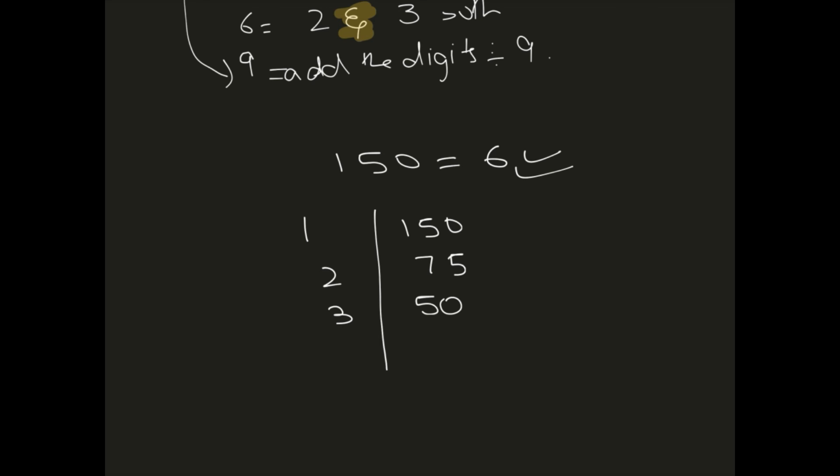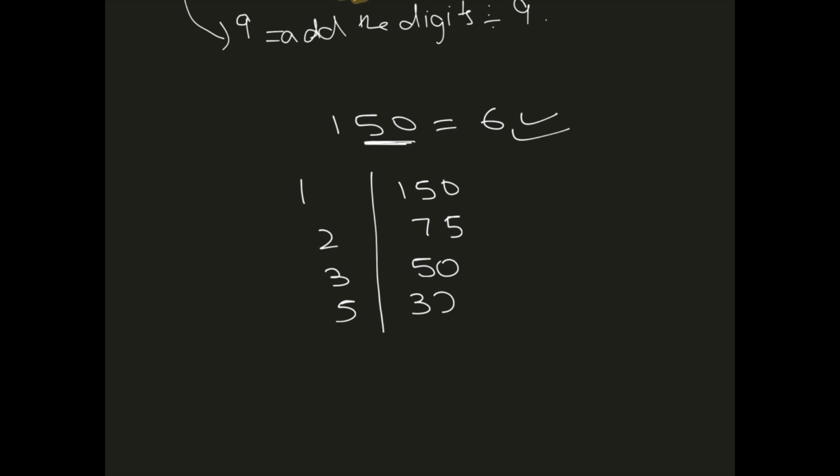And then when you look at 4, it cannot be divided by 4, since the last 2 digits cannot be divided by 4. 4 is not a factor of 50, so this whole number cannot be divided by 4 without having a remainder. Then we have 5. Since the last digit is 0, it can be divided by 5. So 5 times 30 is 150. Then we have 6. Since it can be divided by both 2 and 3, it can be divided by 6.